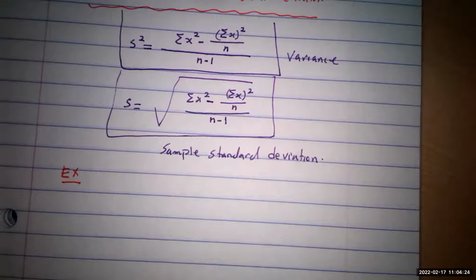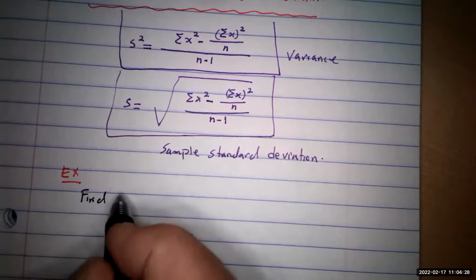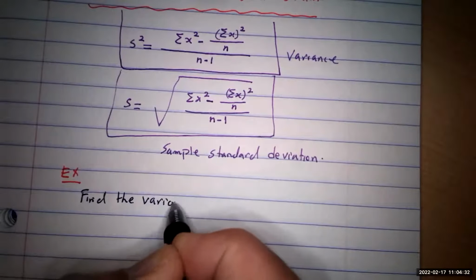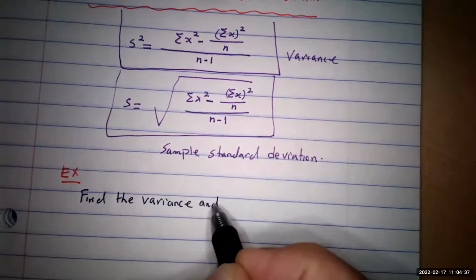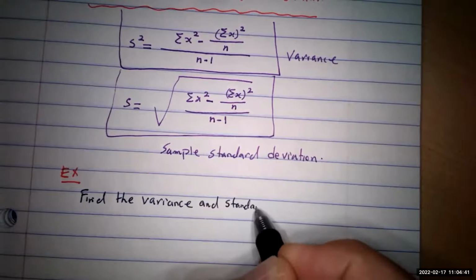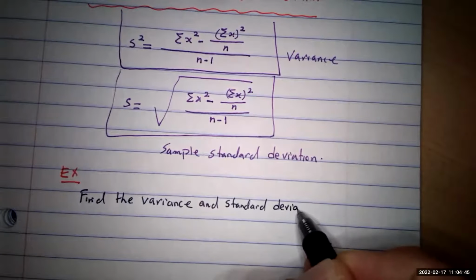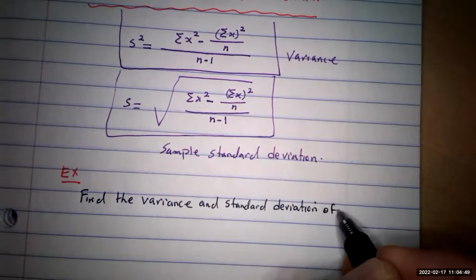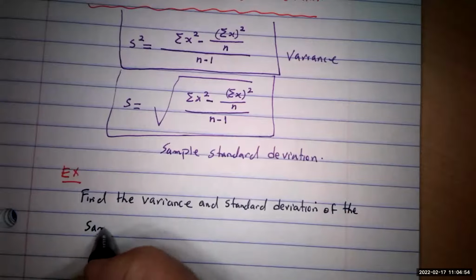So let's do the problem again, but using this version. What was the problem you would like to find? Okay, find the variance and standard deviation of the sample. The sample is the same one.